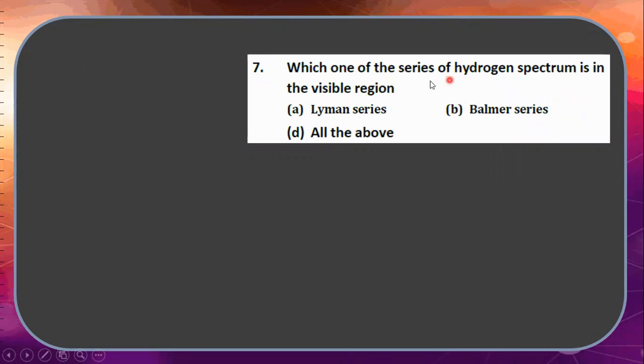Which one of the series of hydrogen spectrum lies in the visible region? Balmer series lies in the visible region. That is the Balmer series, in the visible region.